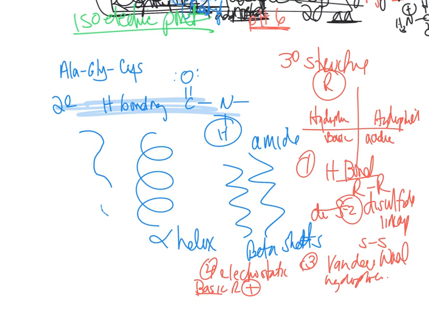And it would do an electrostatic with the negative amino acid R group. Okay. And then you also have hydrophilic. And so you can look at those. The tertiary structure determines the folding of your protein, and the folding determines your function.